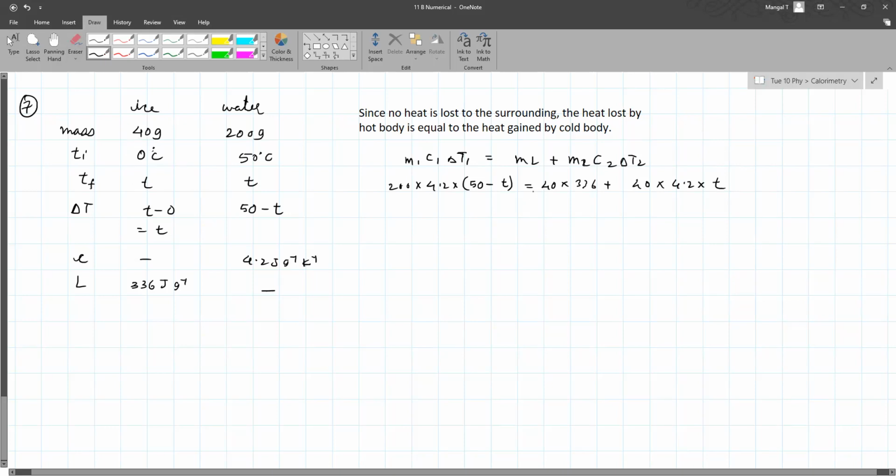So can you repeat why do we take mL? Because you think you are adding ice to water. So what is going to happen? Suppose the final temperature is 10 degrees Celsius. That means you have water in it. This water is 50 degrees Celsius, and you are adding ice to it. And after adding ice, what will happen?